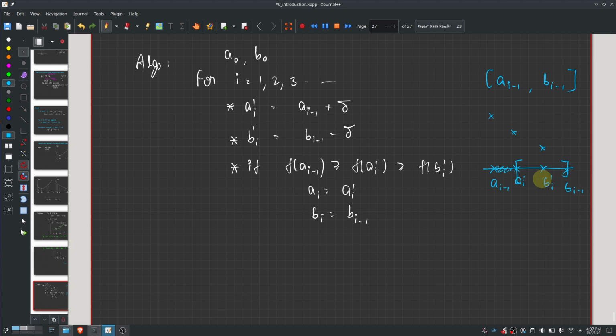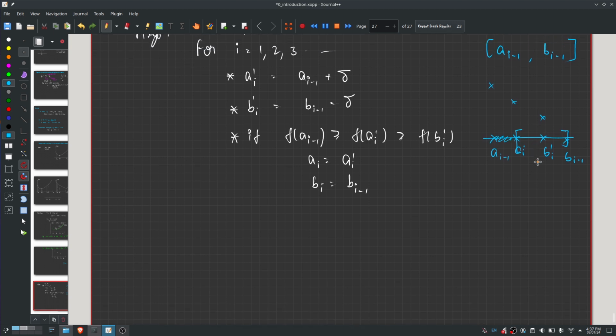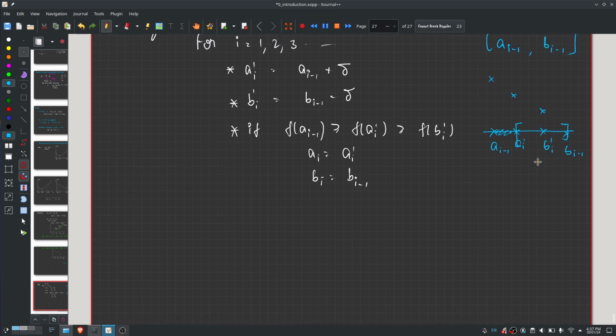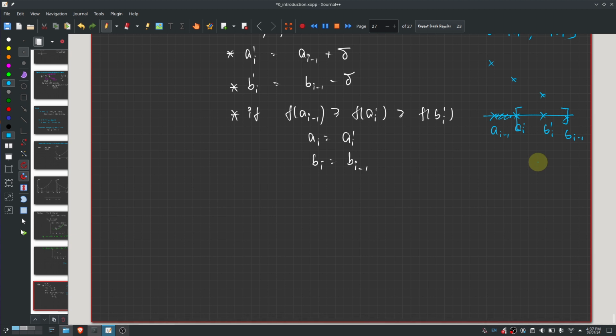But now I have to be a little careful. I have to choose delta, as you rightly pointed out. So A_i' should be to the left of B_i'. That's something I have to ensure. So the whole question is, how do you choose delta?